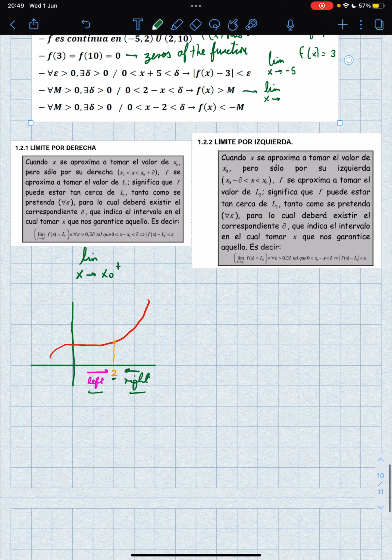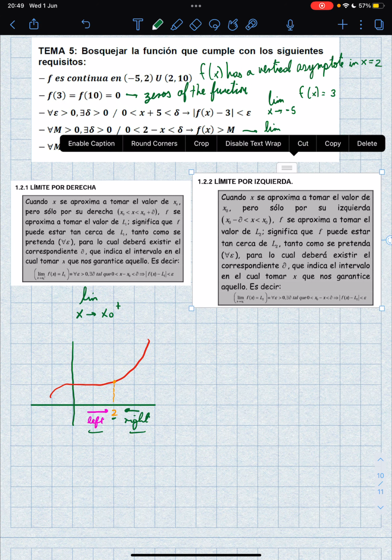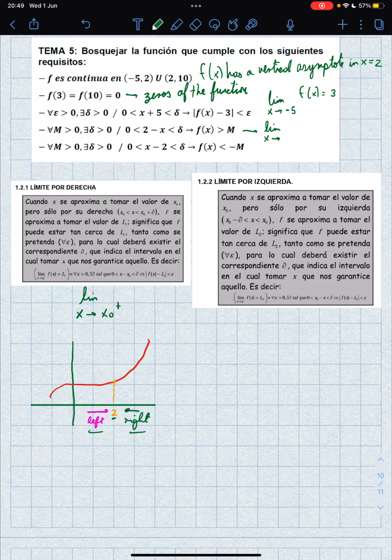X goes to 2. Sorry guys, wait a second. Okay, when x goes to 2 from the left, always, of f of x, it's going to be, as I told you, this means infinite. So, to the infinite.